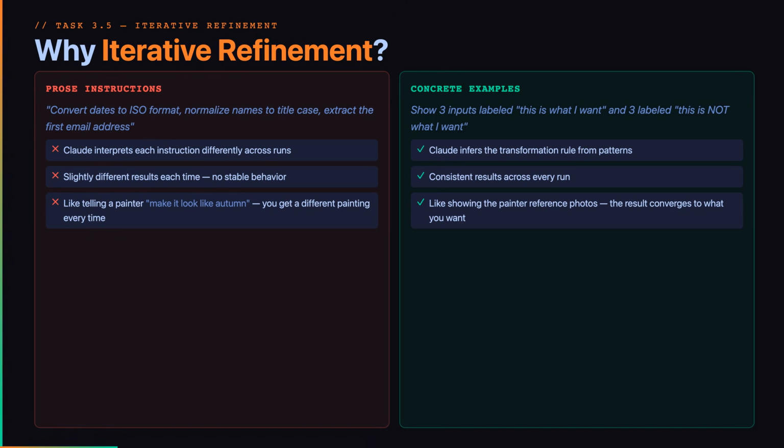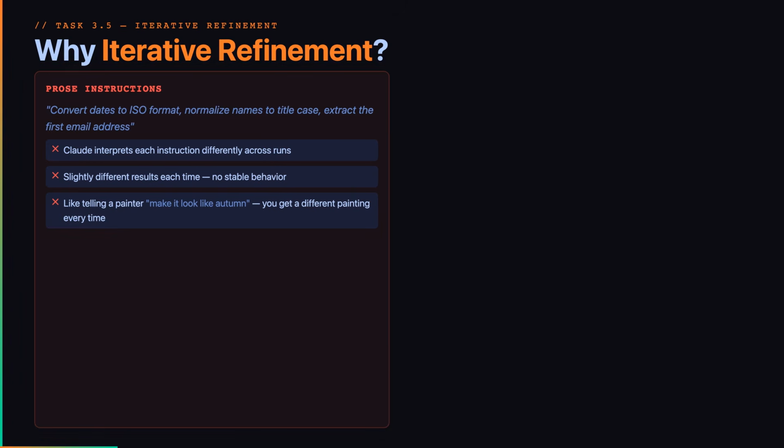Let's start with the core problem that iterative refinement solves. When you give Claude detailed prose instructions, convert dates to ISO format, normalize names to title case, extract the first email, Claude may interpret them inconsistently. Each run gives you slightly different results.